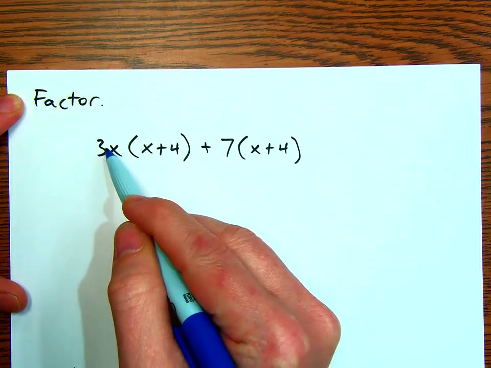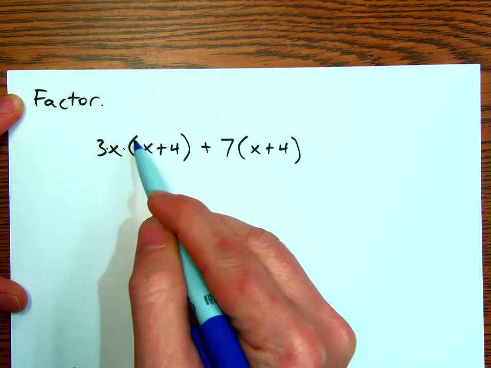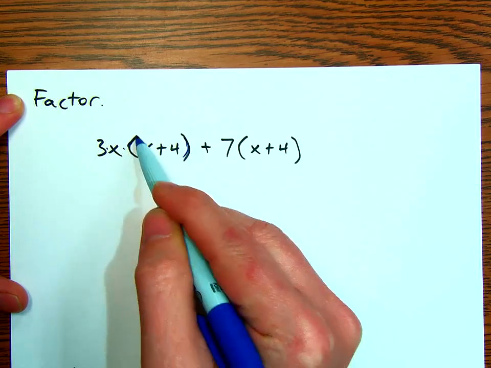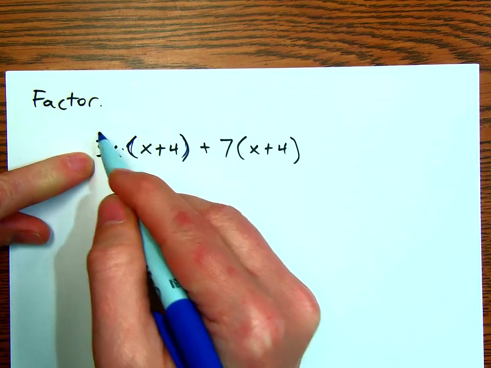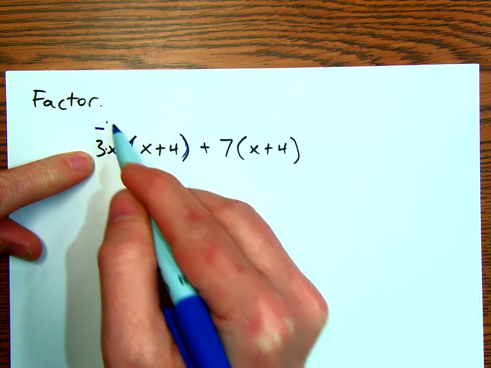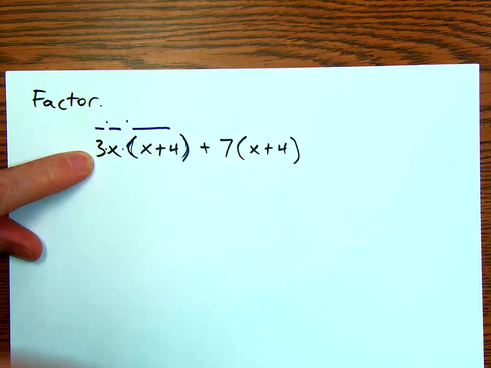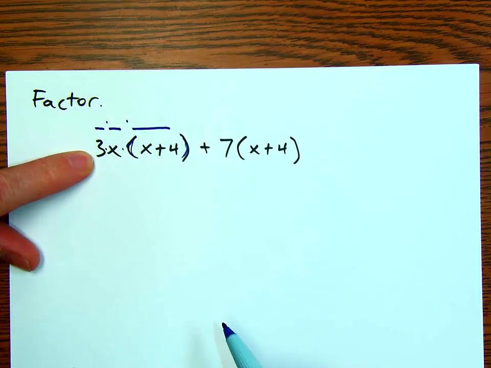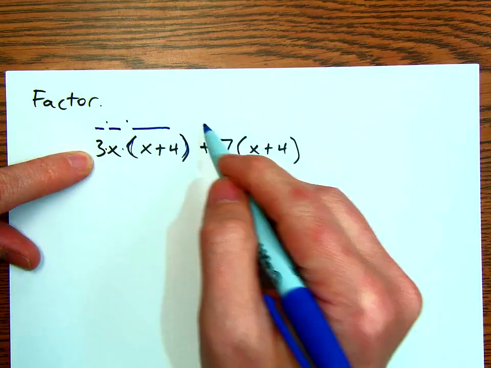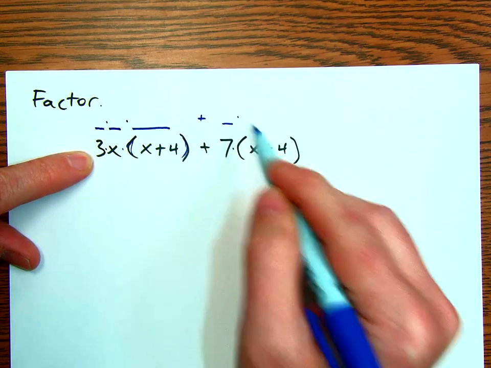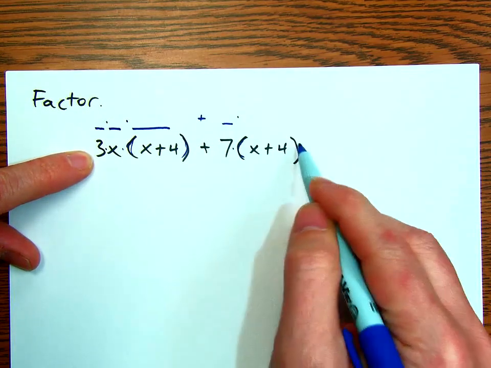So 3 is being multiplied by x, which is being multiplied by this entire expression in the parentheses. So if we want to break this down, we can say that 3 is being multiplied by x, which is being multiplied by this entire group of parentheses here. Then we're adding 7 times this whole set of parentheses.